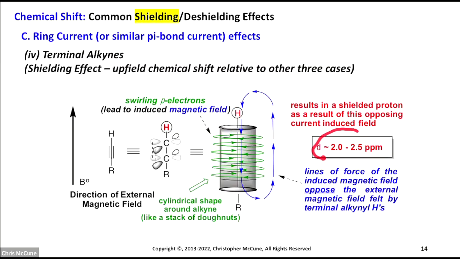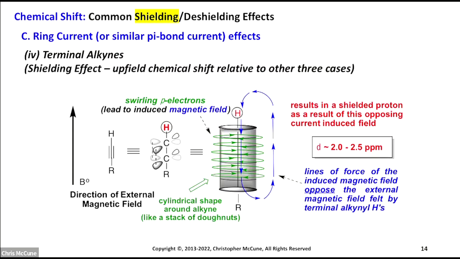Look at the chemical shift now. We're around 2 to 2.5. We're no longer in the 4 to 5 or 7 to 8 or even 9 to 10 range. We've gone back to the upfield range of 2 to 2.5. And so this is a shielding effect that the other ring current systems that I've talked about here don't feel.